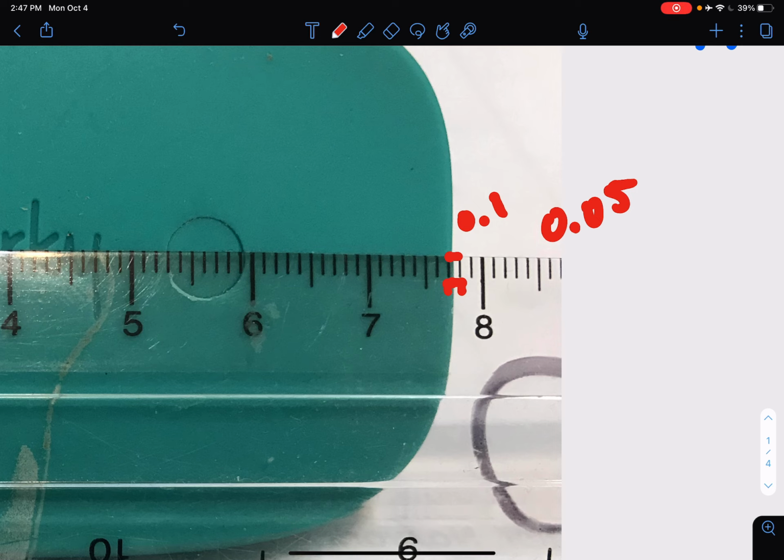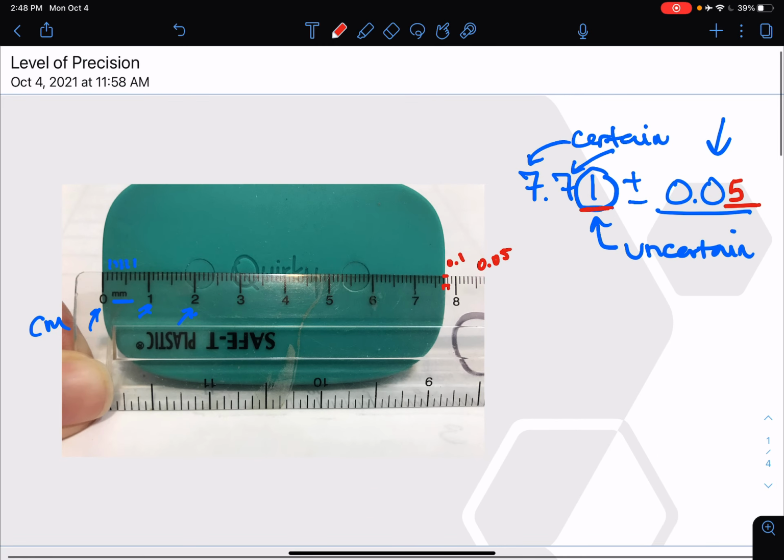If you're saying that space is so small, I can't make out 10 different little divisions with my eyes, I can just make out whether it's in between 7.7 and 7.8, I'm going to call it halfway between, 0.05.